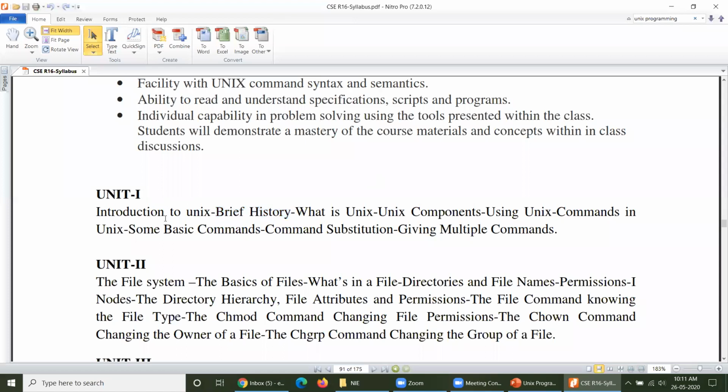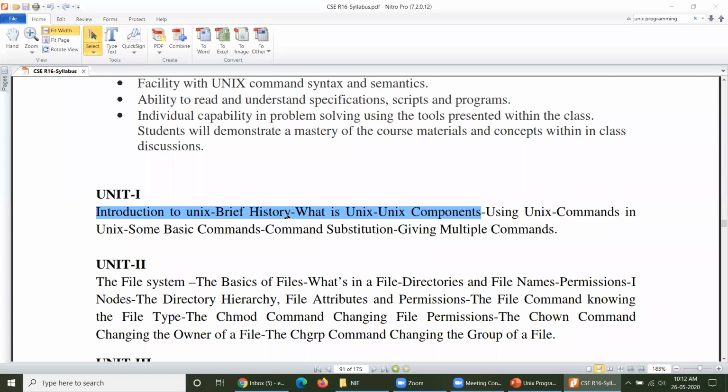After completion of this particular class, what you are supposed to learn is the basic history of Unix or Linux, who introduced it, who wrote this particular Unix or Linux, and what GNU is.